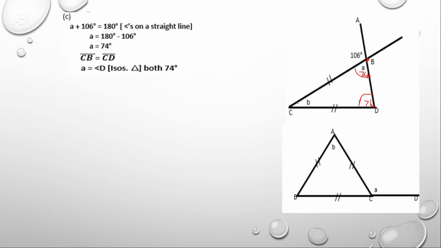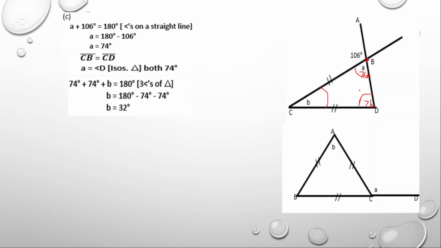For that reason, A and angle D, they are the same. They are isosceles triangles, so both of them will be 74 degrees. So A is 74 and D is equal to 74.